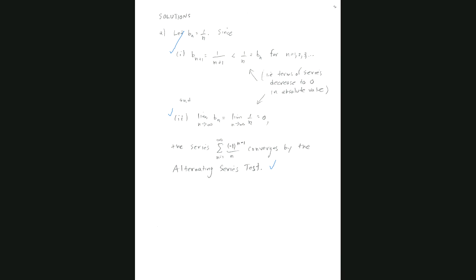A lot of times you can, just by looking at the alternating series, check these two conditions: the first condition, the fact that the terms of the series are decreasing, and the second condition, the fact that the terms of the series are approaching 0. You can basically do those in your head, and then be able to say if the series converges or diverges.